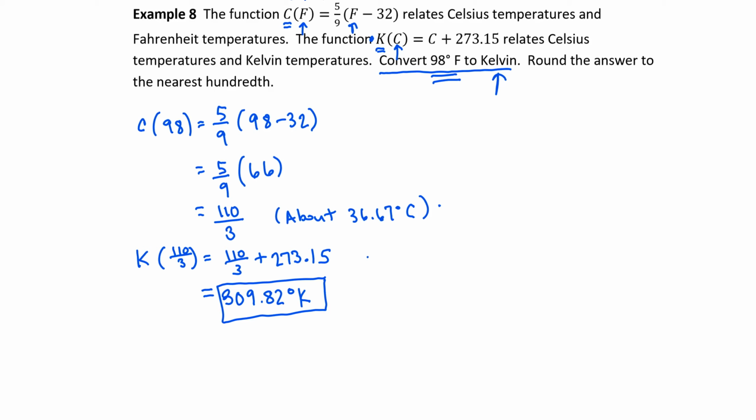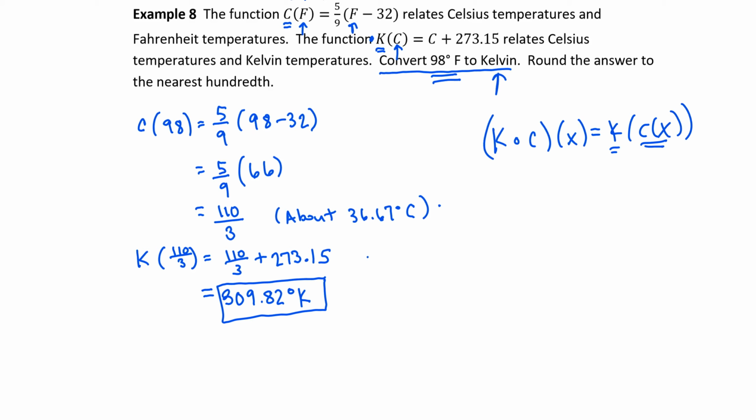So another way to think about that as far as composition goes, first we evaluated C and then we evaluated K. So what we're doing here is a composition. We evaluated this function first. We had an input. The output was 110 over 3.